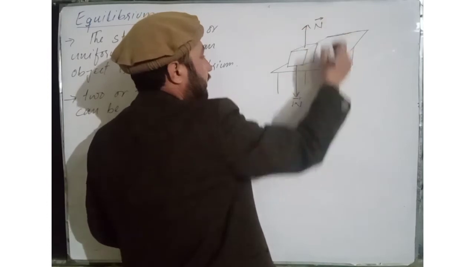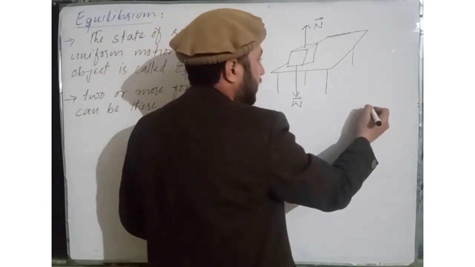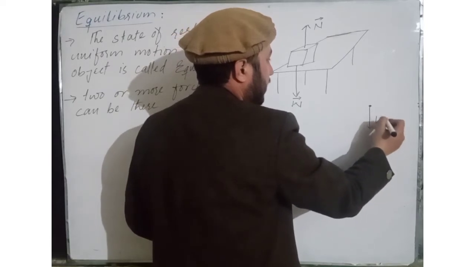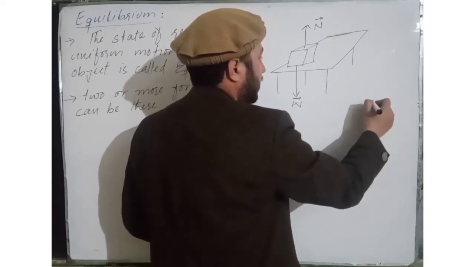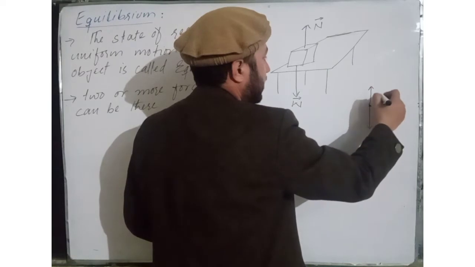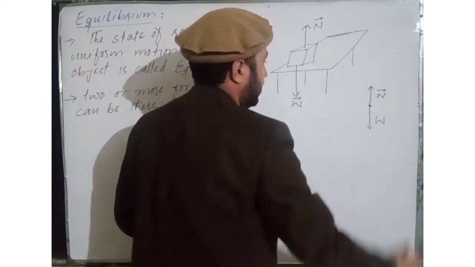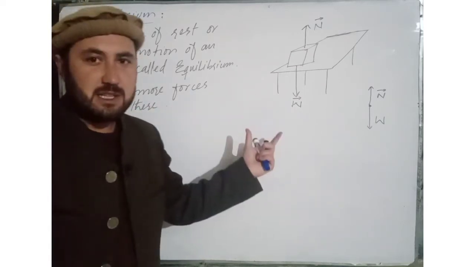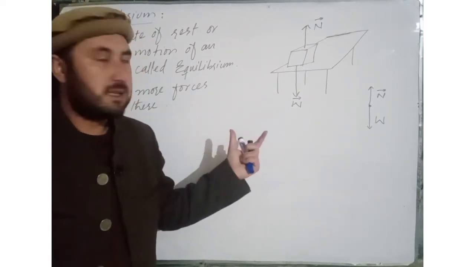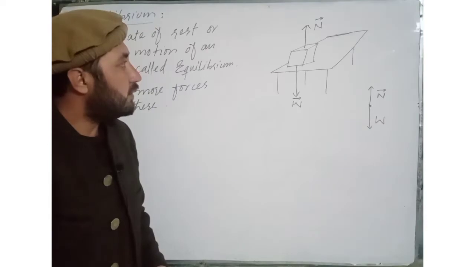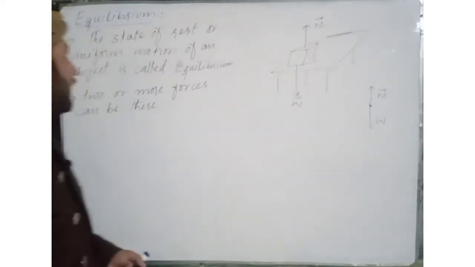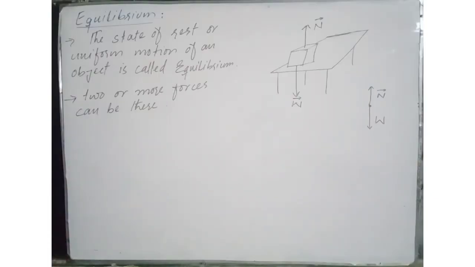So from the free body diagram, we are having two forces, the weight in downward direction and the normal force of the surface in upward direction. Now as this object is at rest, it is not changing its position, so we can say that the box is at complete equilibrium, right?